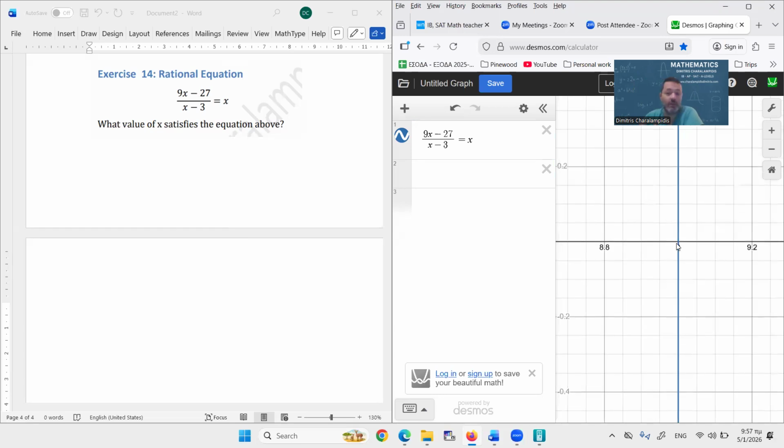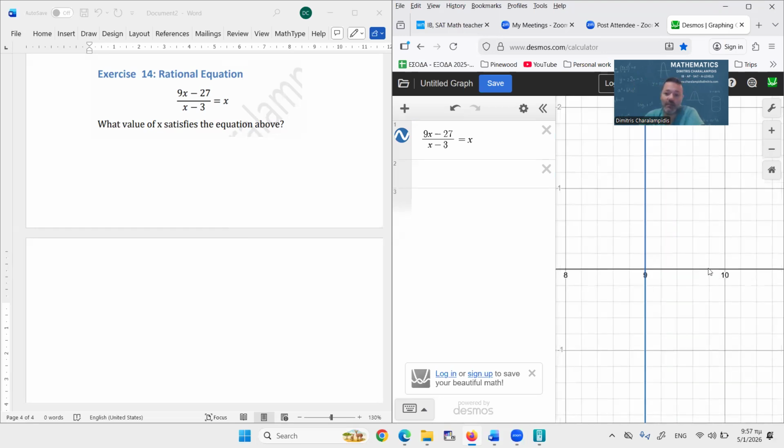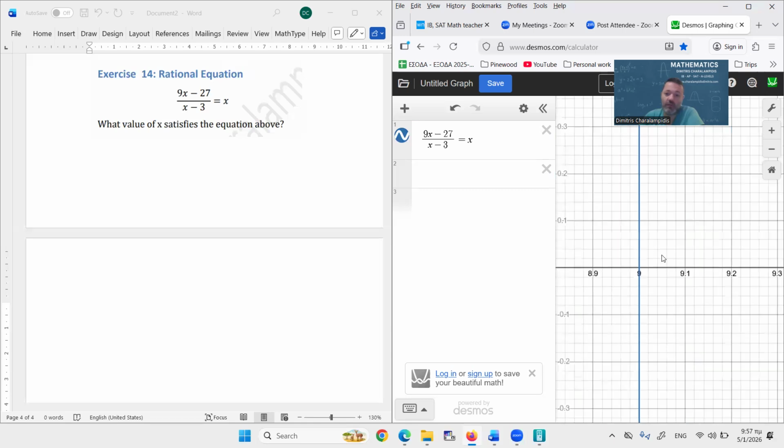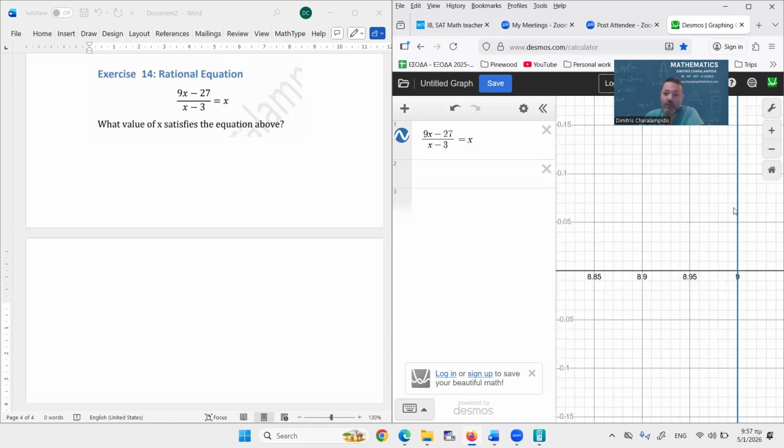That is the solution. Remember, this is what we found earlier from Casio. Now, I understand that some of you do not feel confident on the exact value. You still don't believe that this is 9.